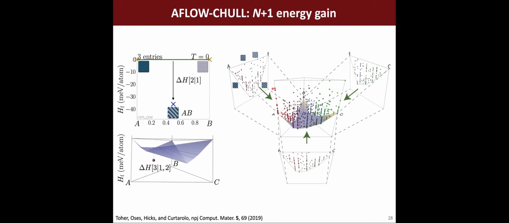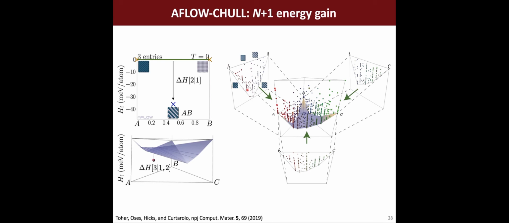So the reason for this is that you have to remember that we have recursive stability. So the ternary phase diagram is composed of the three two-dimensional convex hulls here. So we have the stable points here of all the binaries on this plot here for AB. We have the same for BC and AC. So the depth of this convex hull here defines the absolute minimum for the ternaries to compete within themselves.